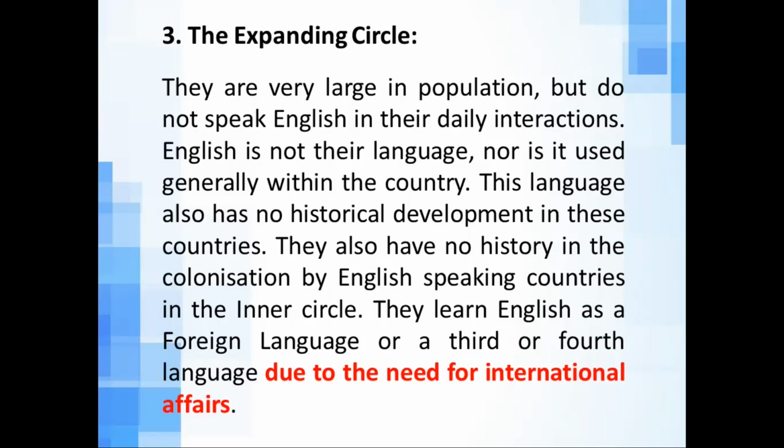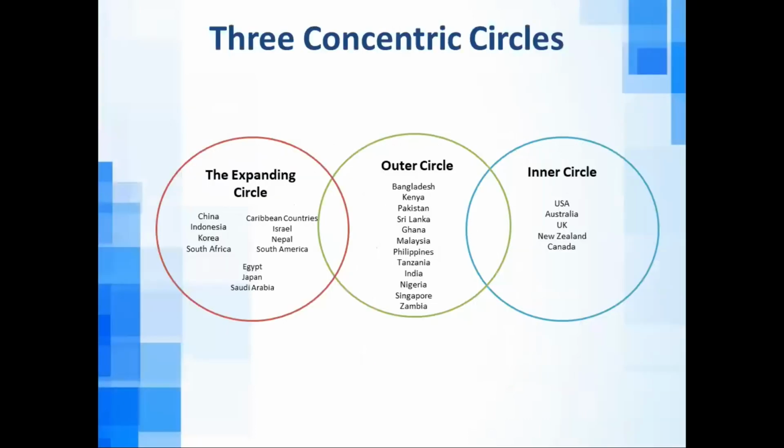Okay, so these are the circles, and let's take a look at the countries belonging to the inner, outer, and expanding circles. You have here the inner circle. These are the ENL, or English as a native language member countries.